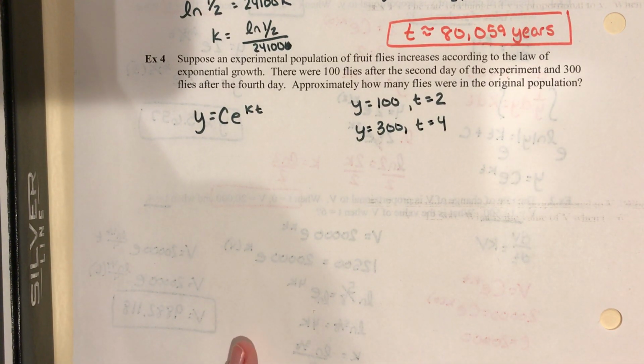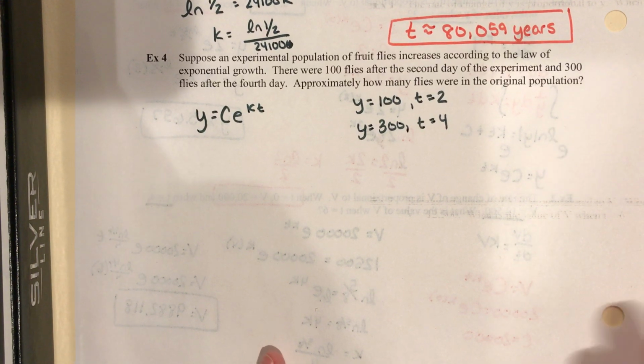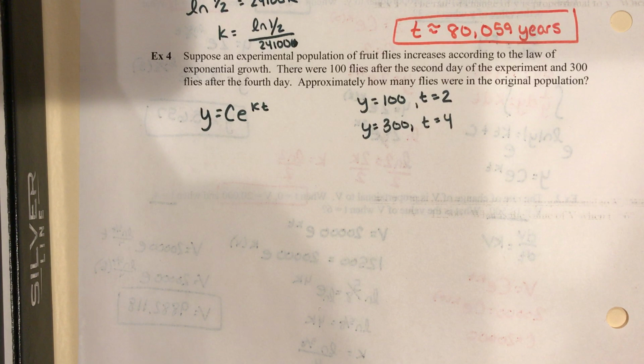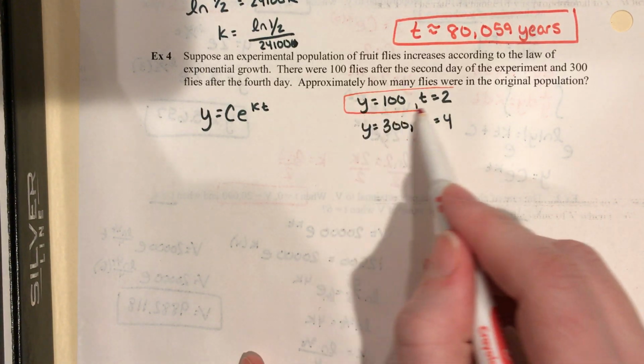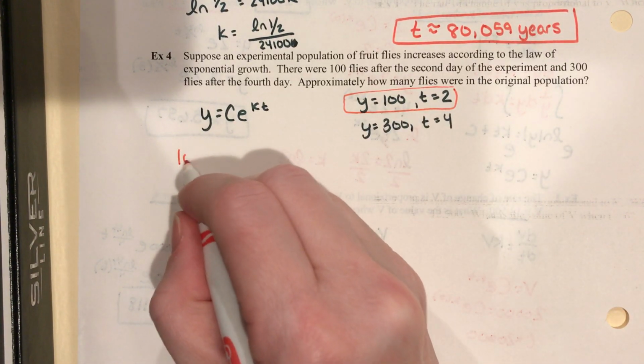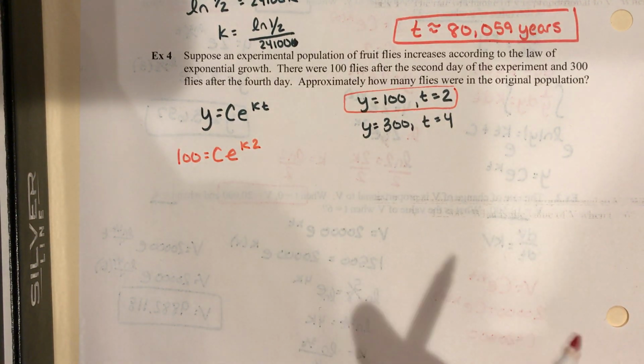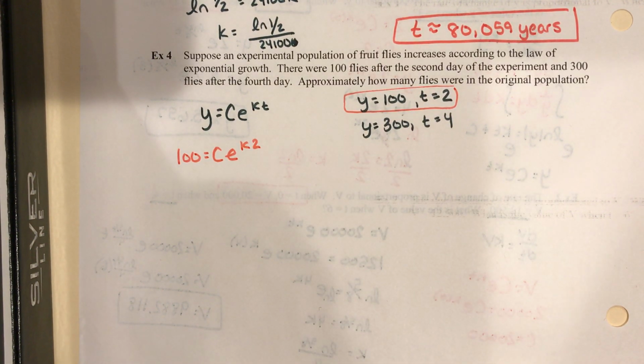Okay, so I'm going to plug in some information. The problem is I don't have a 0. So I'm going to pick one. I'm going to use the first one here. So I'm going to plug in 100 for y and 2 for t.